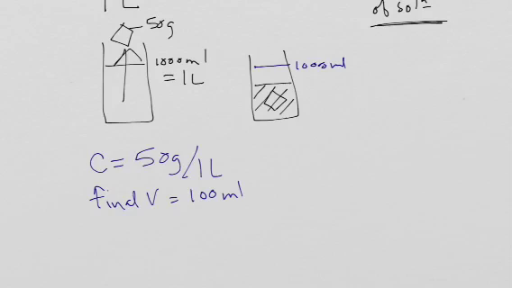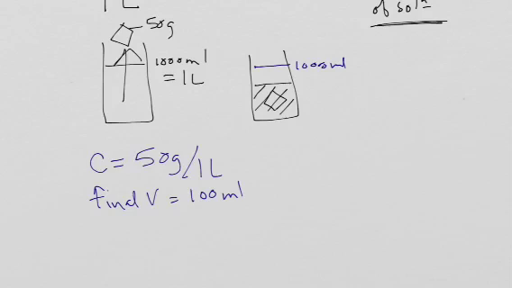So what you end up doing here is you make a ratio. When you're dealing with concentrations, it is nothing more than a ratio. And there should be 4 variables in your ratio, 3 of which you know, 1 you don't know, and that's what you solve for.